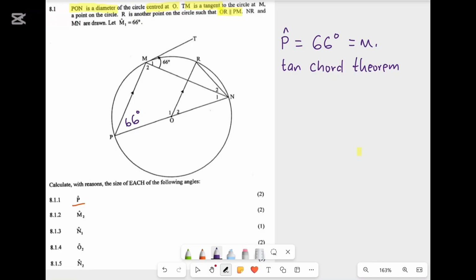So M2 is equal to 90 degrees. Why? Because a diameter subtends a right angle. Or you can just write angle in a semicircle. So this angle M2 is 90 degrees.